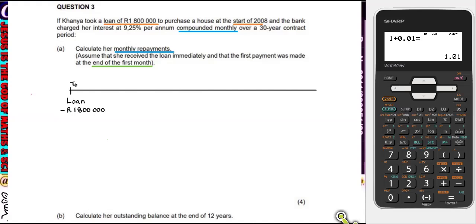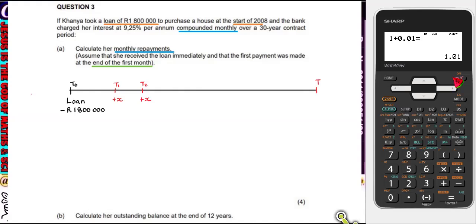Then thereafter there was T1 where he must pay it back, and then T2, he needs to pay it back there. And then we keep on going all the way to the end, to T something.